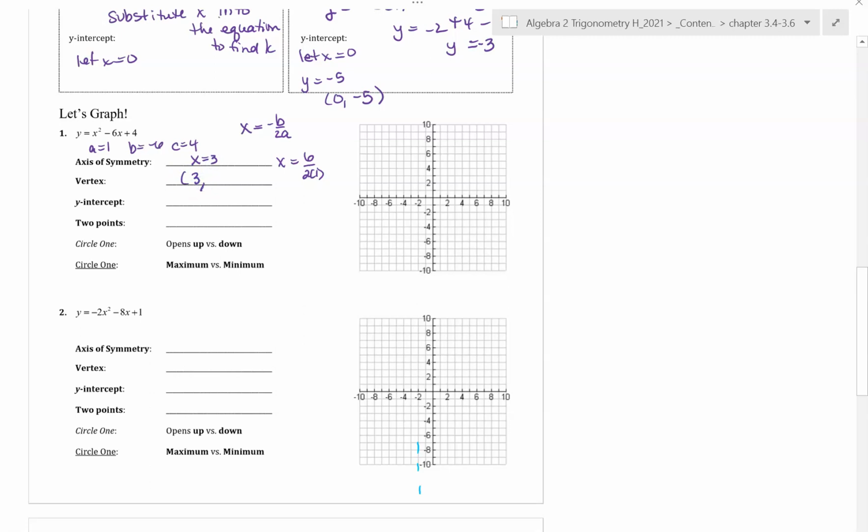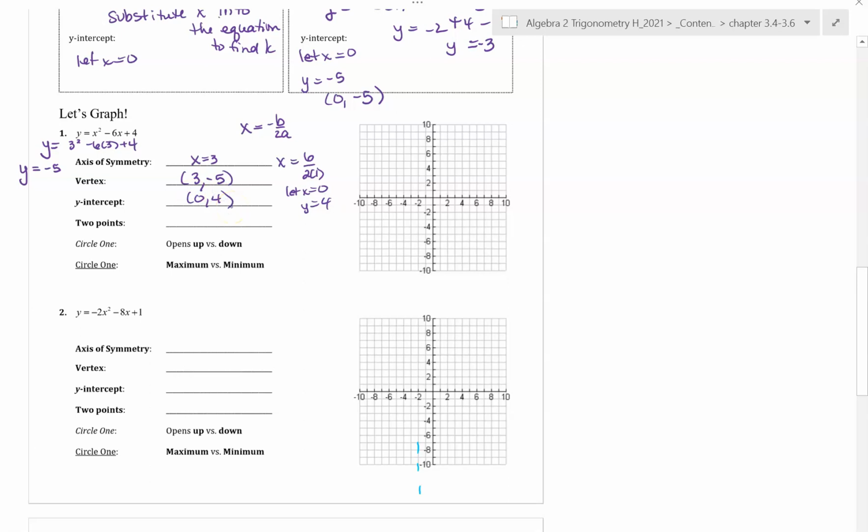So go ahead and pause the video, substitute 3 in for x in your equation, and find the y-coordinate of the vertex. So you have 3 squared minus 6 times 3 plus 4, so 9 minus 18 plus 4 is negative 5. So now we could find the y-intercept. If you let x equal 0, you end up with 4.